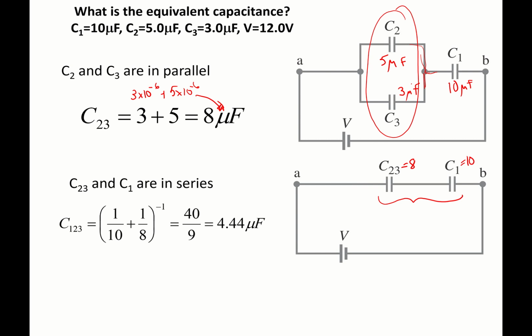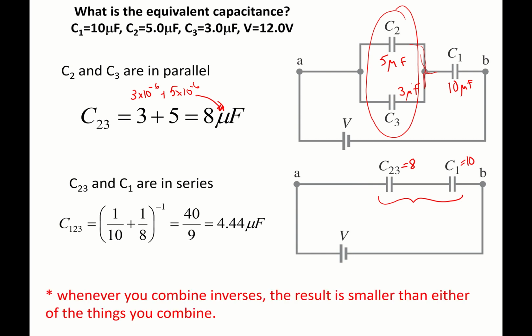And take the inverse, so I get 40 over 9, or 4.44 microfarads. So my equivalent circuit is a single 4.44 microfarad capacitor. And you should know, whenever you combine inverses, the result that you get should be smaller than either of the two things you combine. So here I combined an 8 and a 10, and I got 4.44.